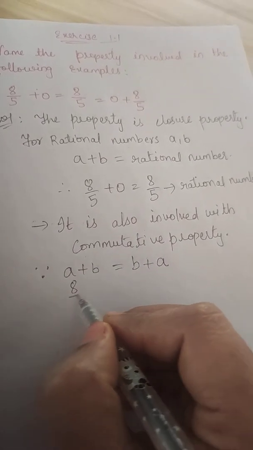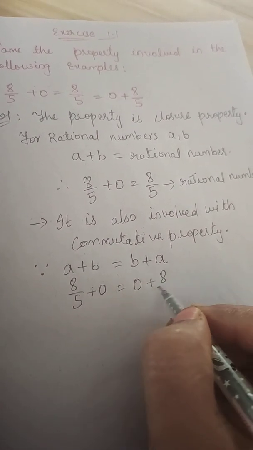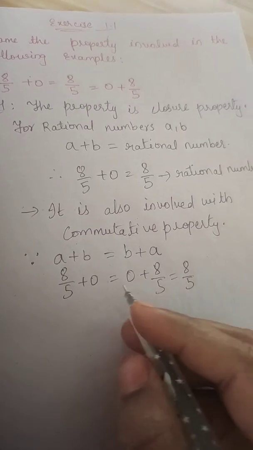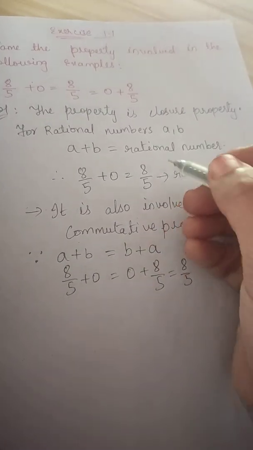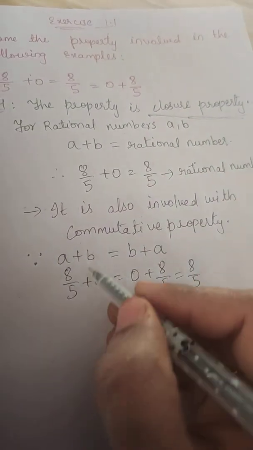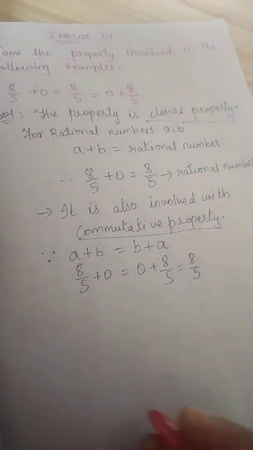Here 8 by 5 plus 0 is equal to 0 plus 8 by 5, which is equal to 8 by 5. So hence satisfied. Here we are having two properties, that is closure property and also commutative property. Okay, we will go to the next one.